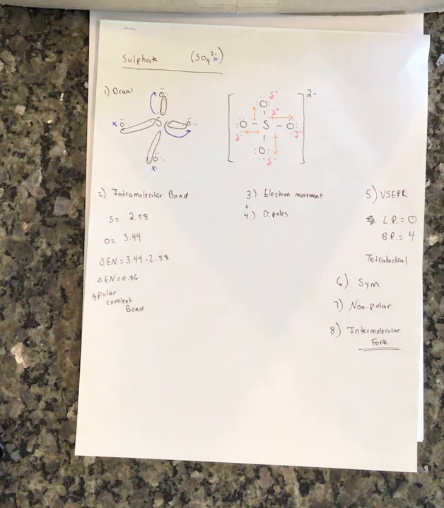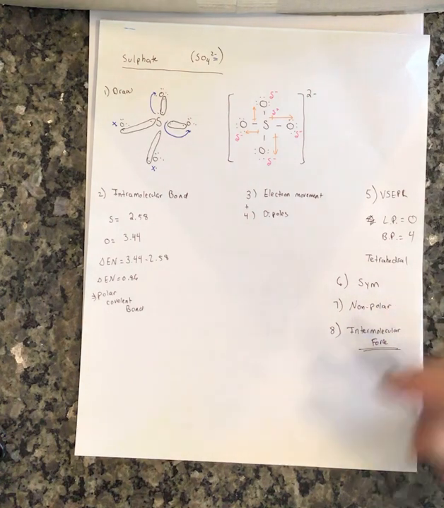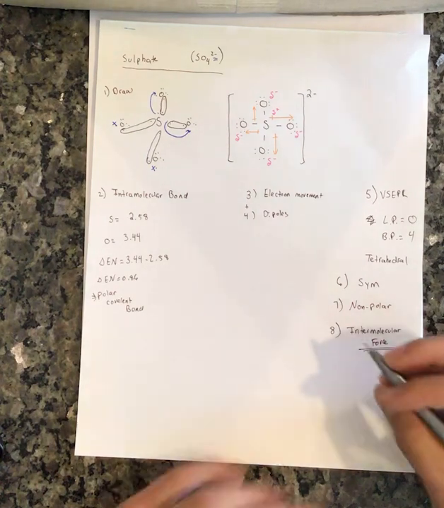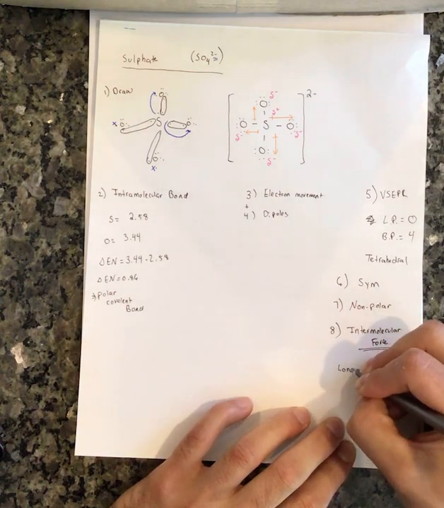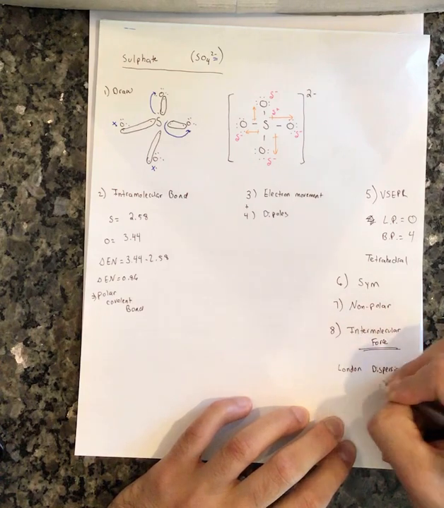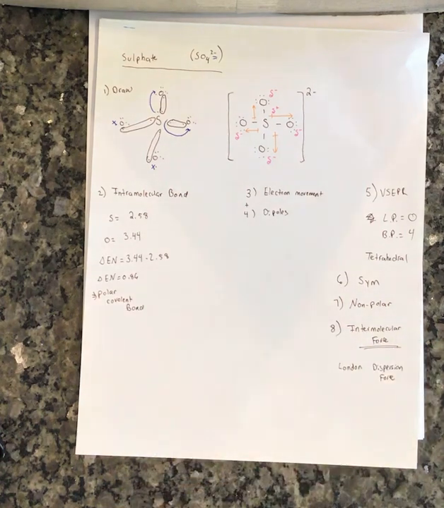For water, for example, I just want to see the strongest one. In this case, because this is not polar, there's going to be no hydrogen bond and no dipole-dipole. So the strongest one, unfortunately, is just the London dispersion. And that's how we come up with that.